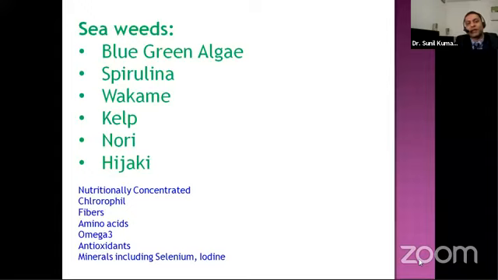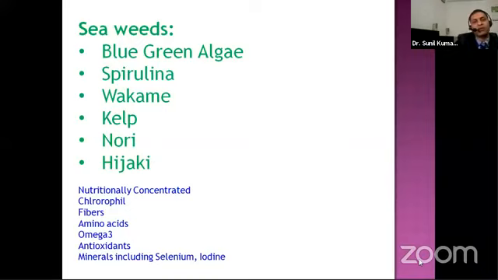Those are called nori hijiki. Okay, the blue-green algae leaf. They are highly nutritionally concentrated forms of food. They've got a fantastic amount of chlorophyll, fibers, almost all amino acids, omega-3, antioxidants, minerals including selenium and iodine that are very much essential for our immune functions.